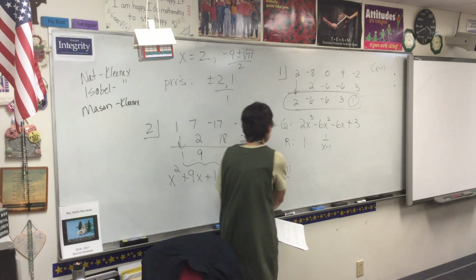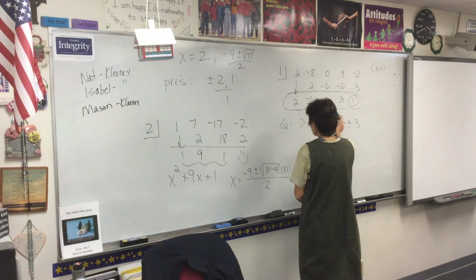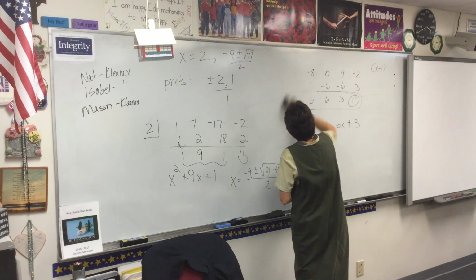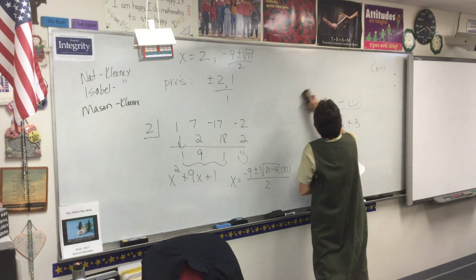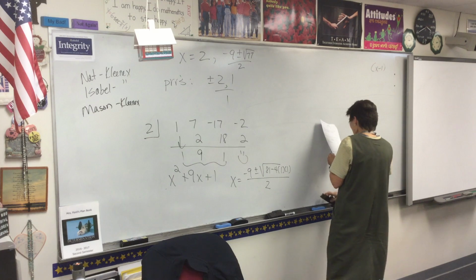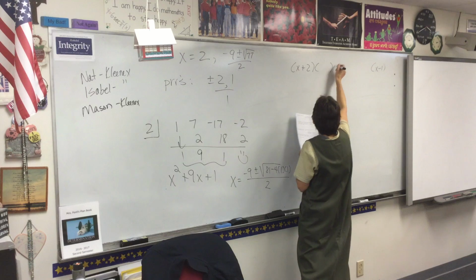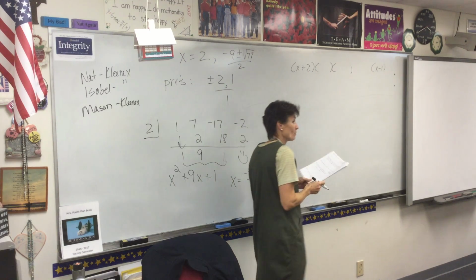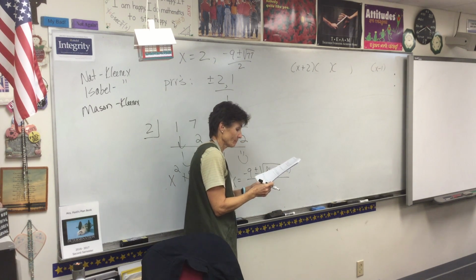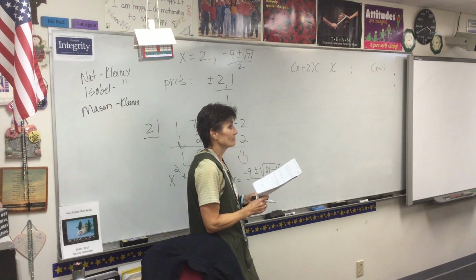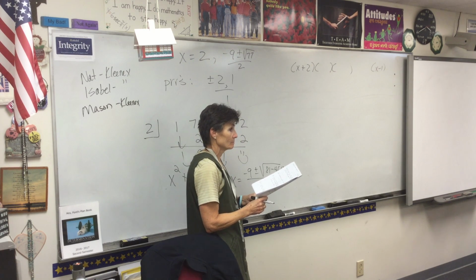Number 10 is kind of the same, except you don't have to guess. They tell you that one of the factors is x plus 2. And you're going to find the other ones. So what do you do? Synthetic division.